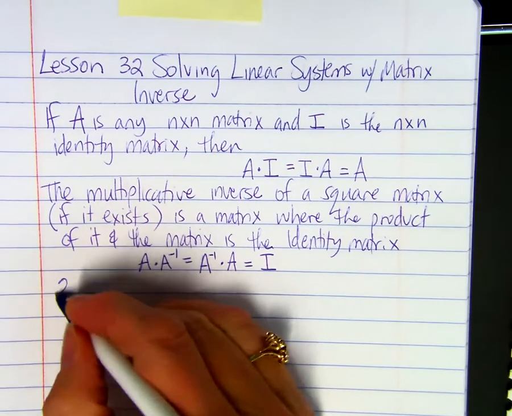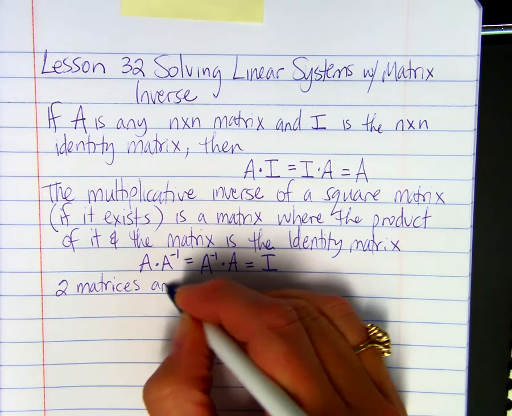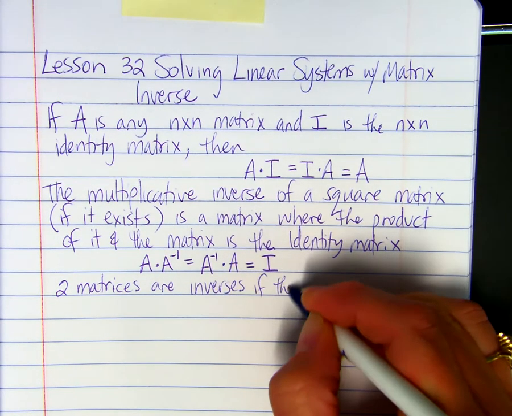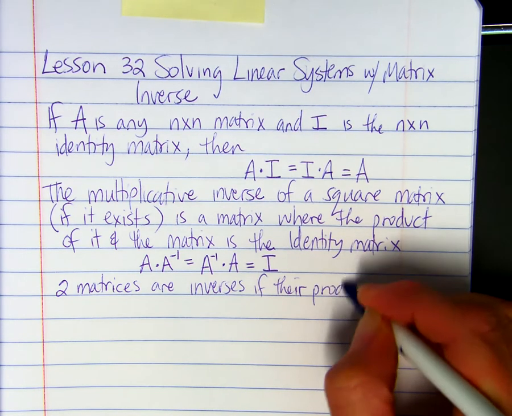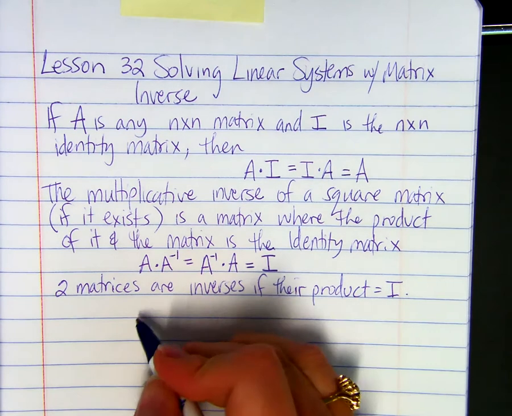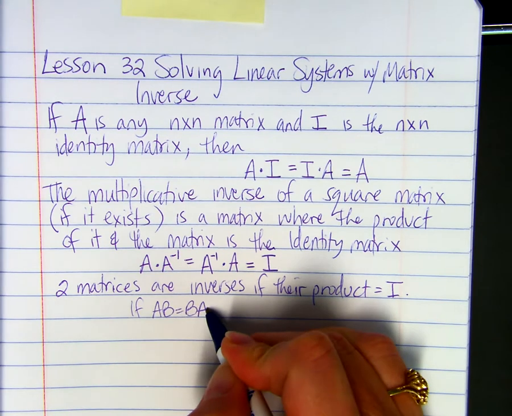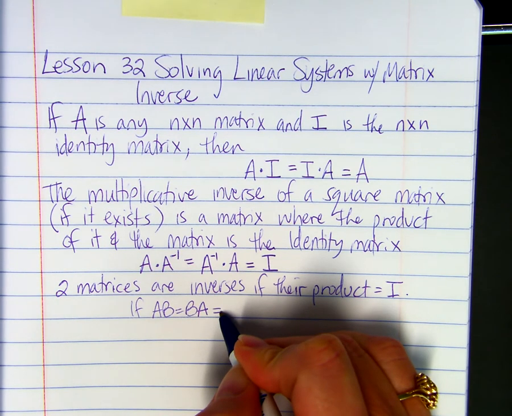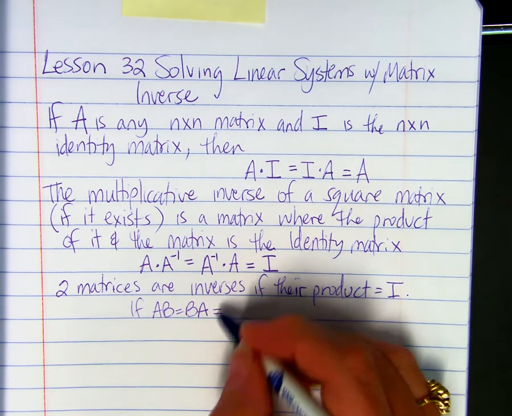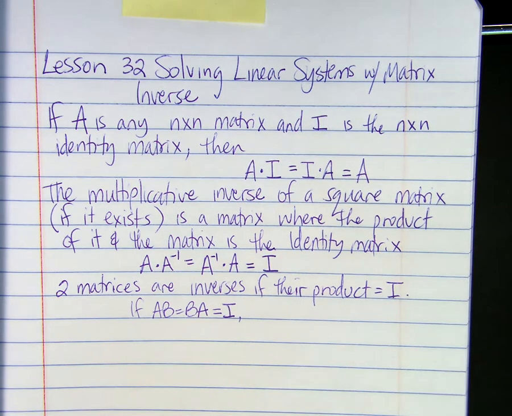In other words, two matrices are inverses if their product equals the identity matrix, I. So if A times B equals B times A equals I, then A and B are inverses.